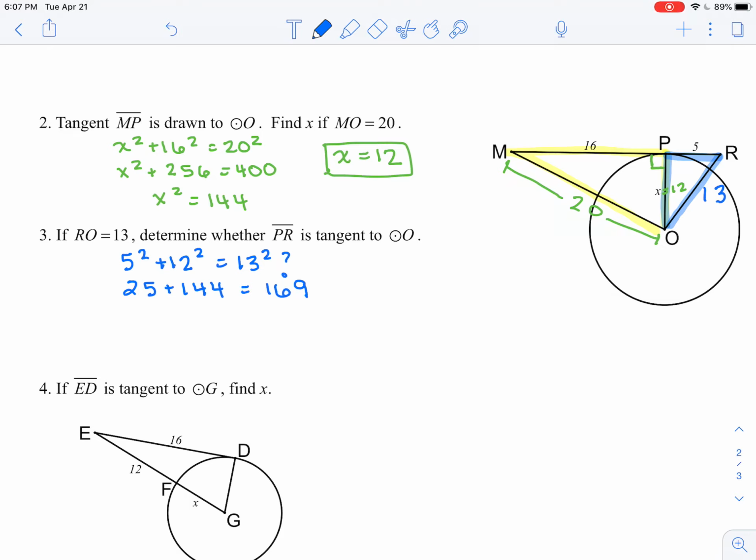When you combine like terms on the left side, 25 and 144 does in fact equal 169. Since triangle PRO is a right triangle, the tangent and the radius are perpendicular. So yes, PR is tangent to the circle.